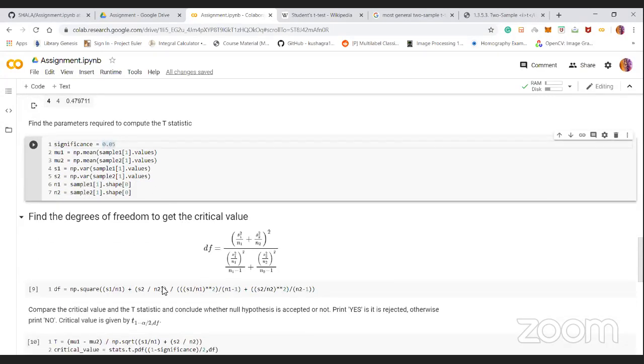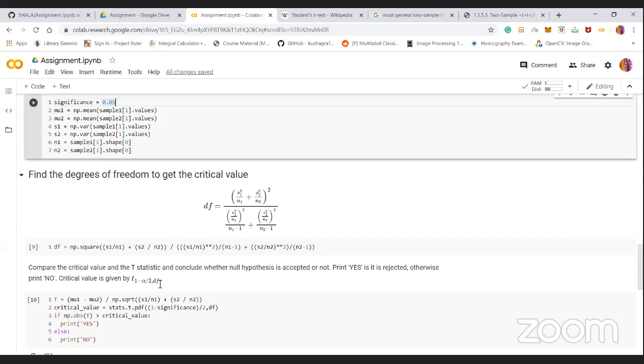Suppose the significance level is alpha, you find the value of 1 minus alpha by 2, and then from the t distribution you get the value at this point, and we call it the critical value. Now we compare the value of the t statistic that we have with this critical value. If the absolute value of t is more, we reject the null hypothesis with this significance, otherwise we accept.